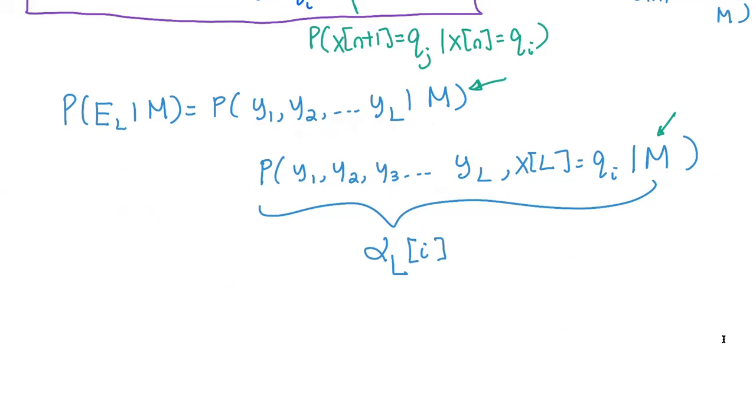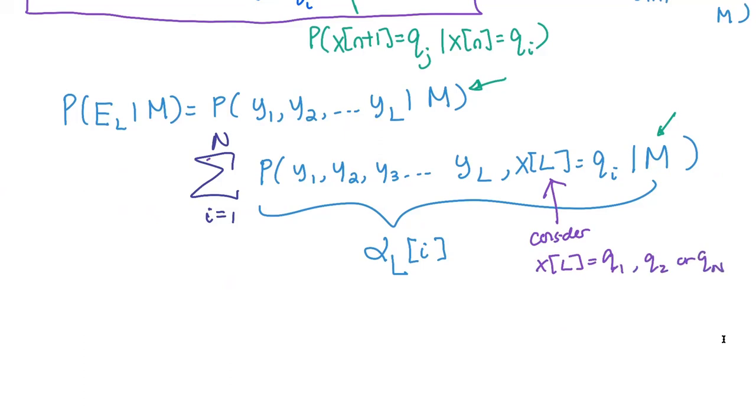So here, this is just a probability distribution with one additional variable. So what I need to do is marginalize out all the possible states at time L, which could be any one of Q1 up to Qn. So I need to consider x at time L is Q1, Q2, or Qn.